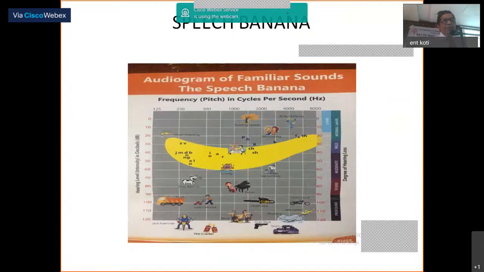In this speech banana, what we normally speak is distributed between 30 to 50 decibels of hearing loss. You can see that in the speech banana, the maximum is at 500. So in your tuning fork, 512 represents the type of sound usually used during conversation.